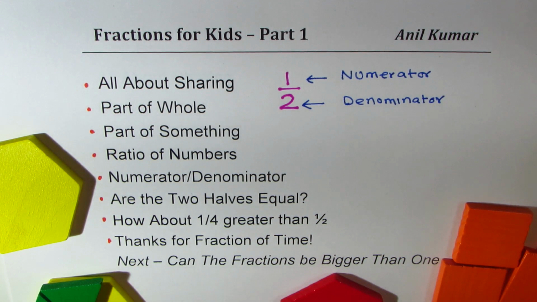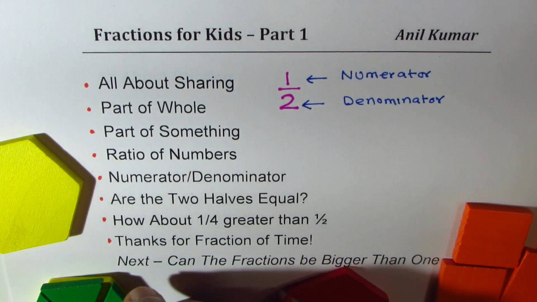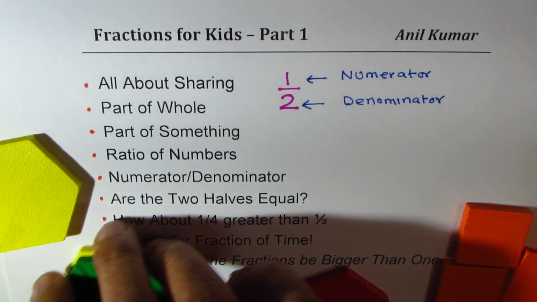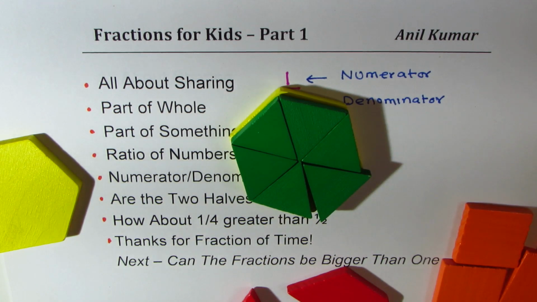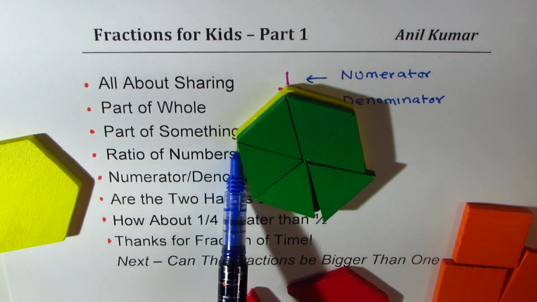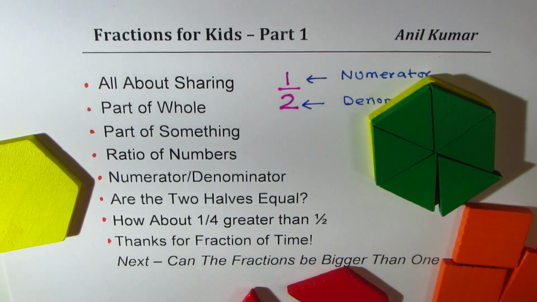So let's take up another example to understand this concept, and then we'll move forward, right? So here we have another piece in which what I have done here is that I have divided this into 6 equal parts, correct? Now this is divided into 6 equal parts. So what goes in the denominator?